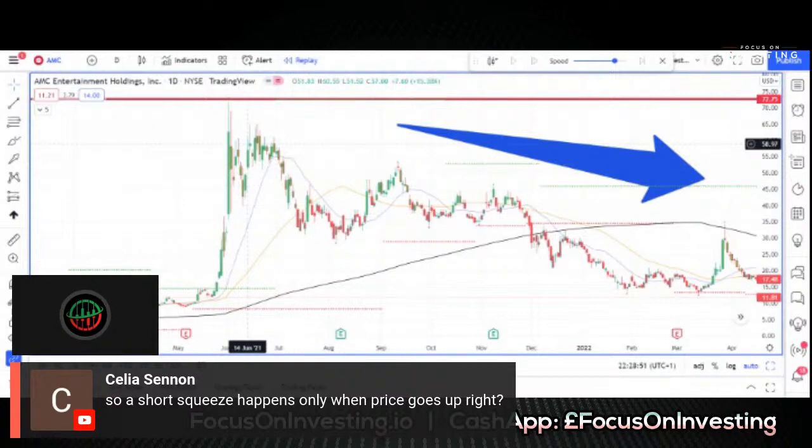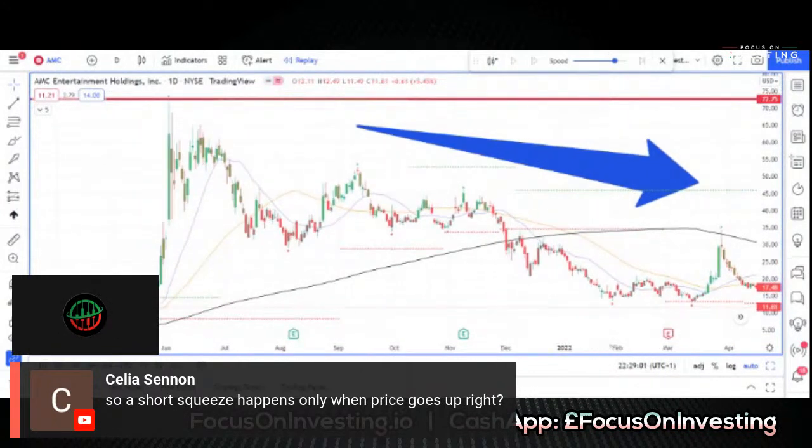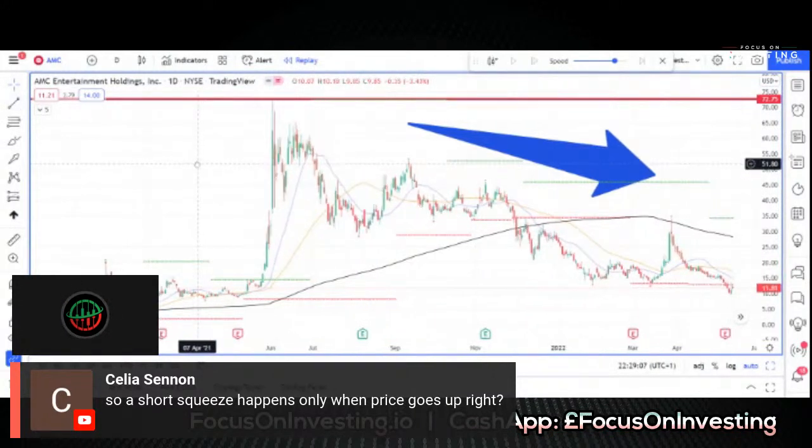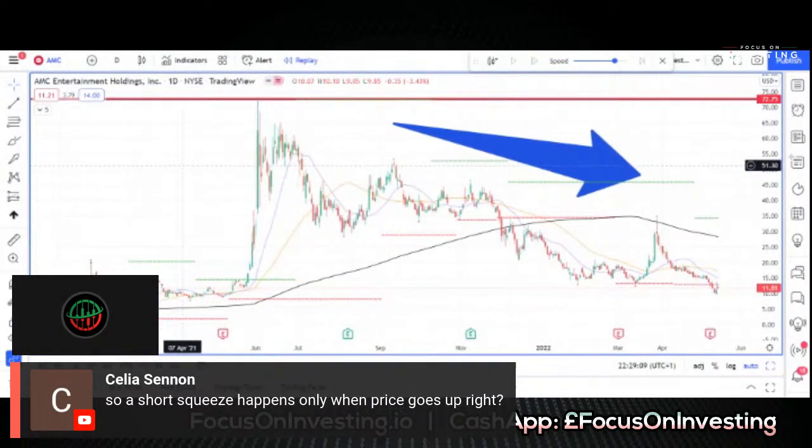The moment the price starts coming down, you're no longer being squeezed because it becomes more and more affordable and accessible for you to exit the trade. Once it becomes affordable for people to exit the trade, they no longer are squeezed because they now have the option to exit the trade.